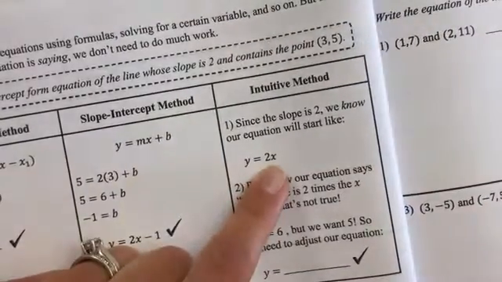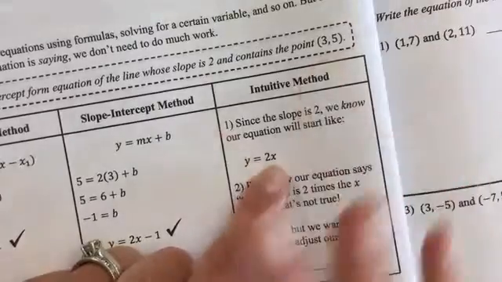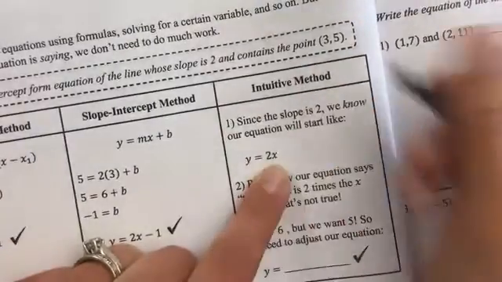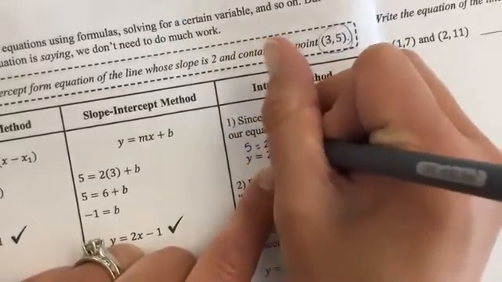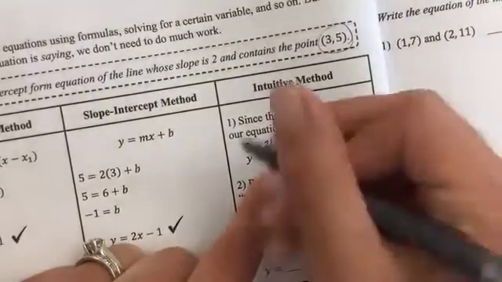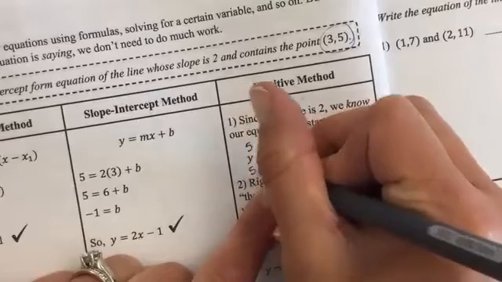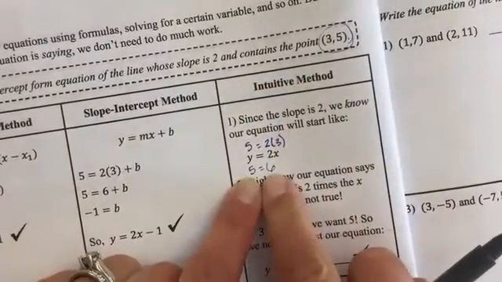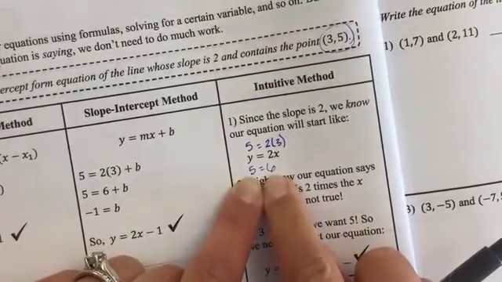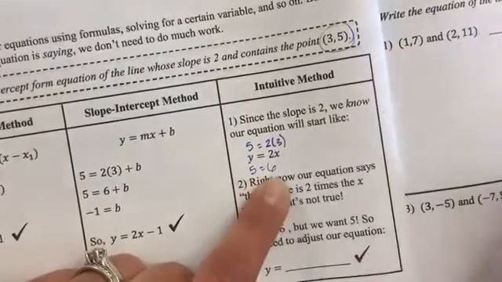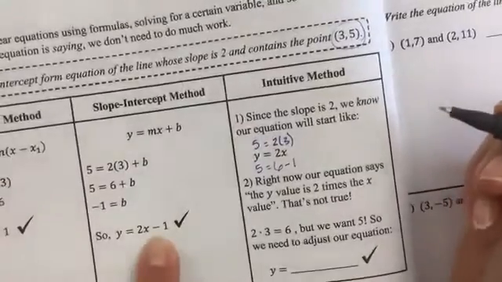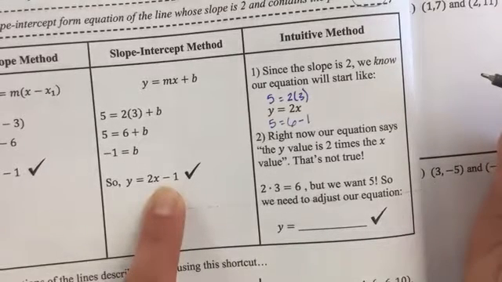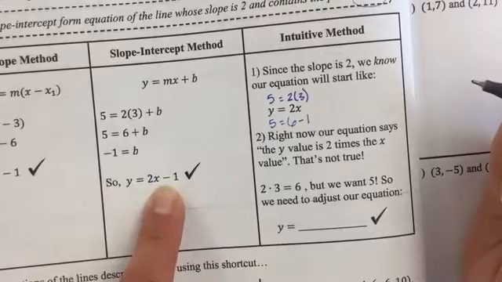This is kind of tricky. I've never seen this until I taught out of this section. If you take this point 3, 5, this comes out to be 5 equals 6. But we don't want 5 to equal 6. So how would we get this to equal 5? Well, you would take away the 1. Look at our equation.